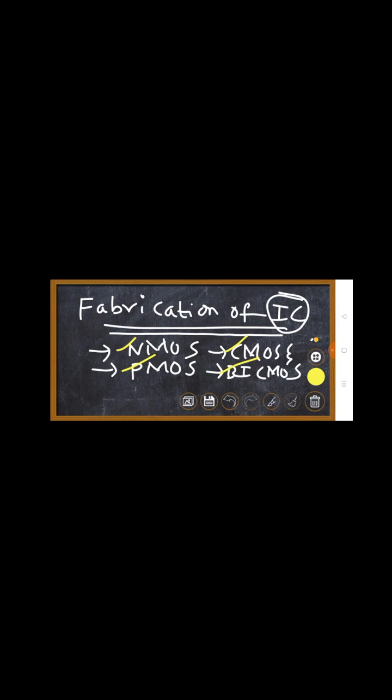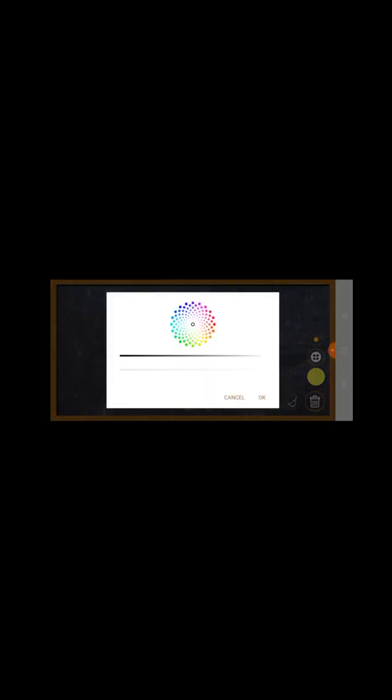Now let's come back to the first step. The first step is wafer creation. This wafer is nothing but substrate. Here we have to create a substrate depending upon the type of MOSFET you are going to fabricate.